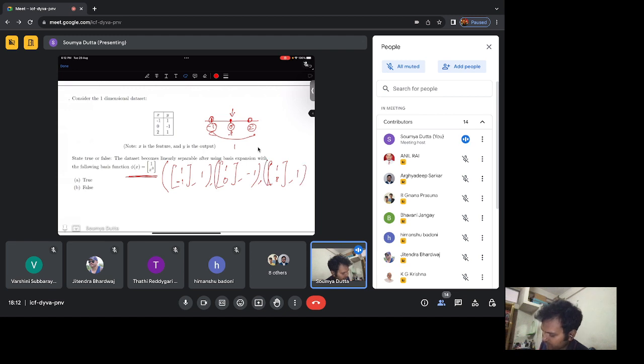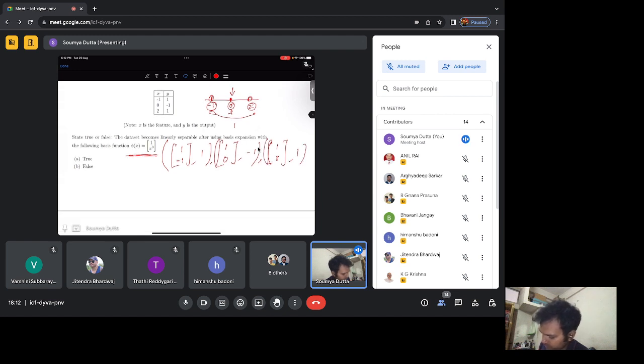So now this becomes a two-dimensional problem. So let's plot it. The first point is 1 and -1, so somewhere here. The next point is 1 0, which is precisely this point, and the last point is 1 and 8, so somewhere here. And now you have to separate these 2 points from this point.